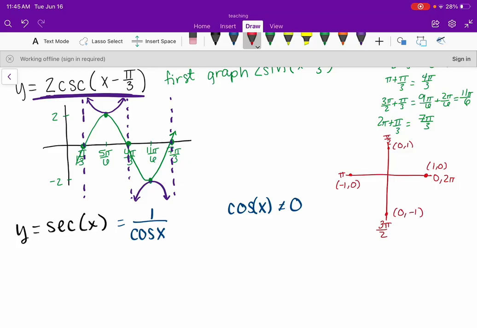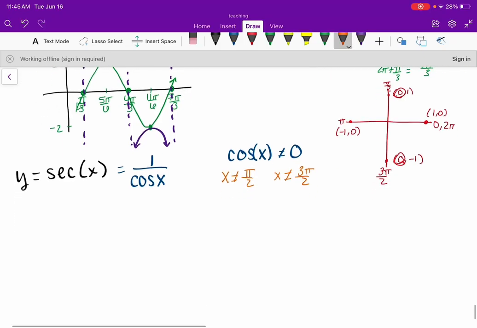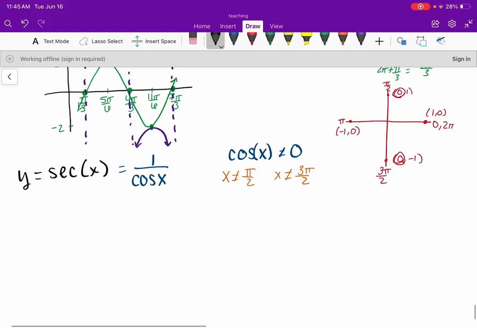So cosine equals 0 here and here. So that means that we do not want x to be pi over 2, and we also don't want it to be 3 pi over 2. That's where I'm going to see asymptotes for secant.